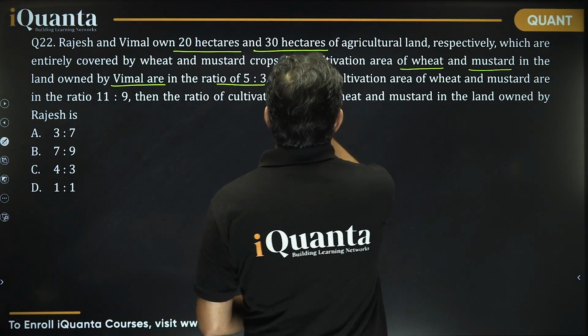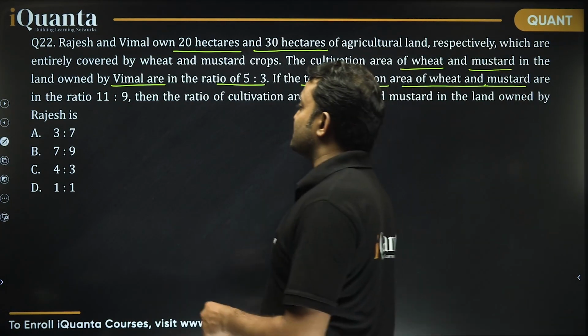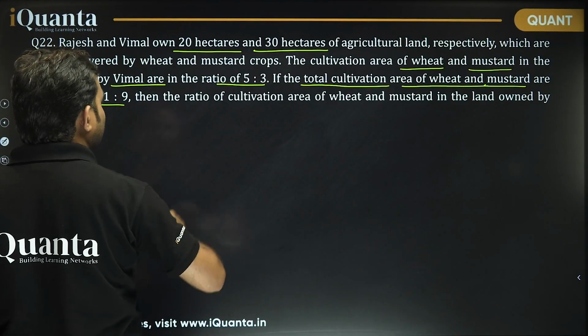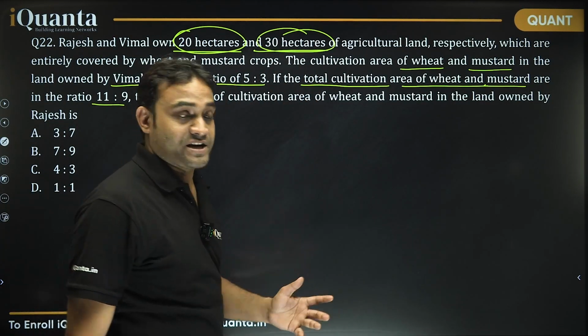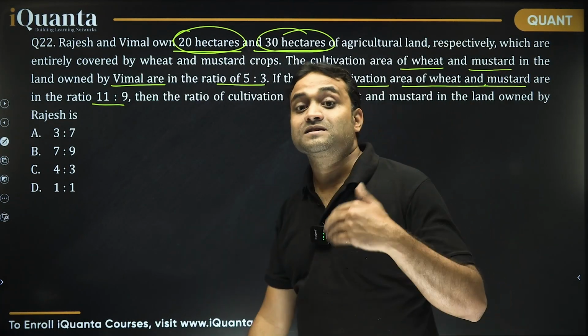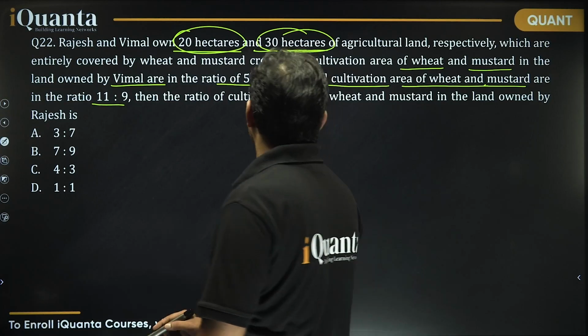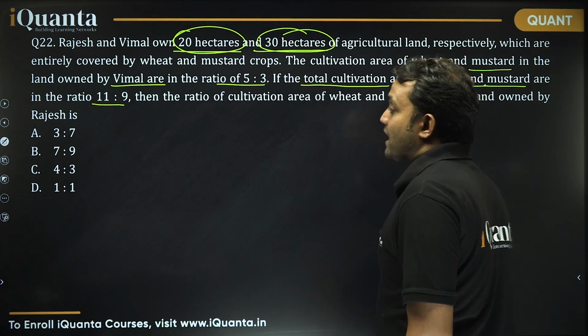Then, if the total cultivation area of wheat and mustard is in the ratio 11:9, total means out of this 20 plus 30, out of this 50 hectares, 11 parts are wheat and 9 parts are mustard. Then the ratio of cultivation area of wheat and mustard in the land owned by Rajesh.